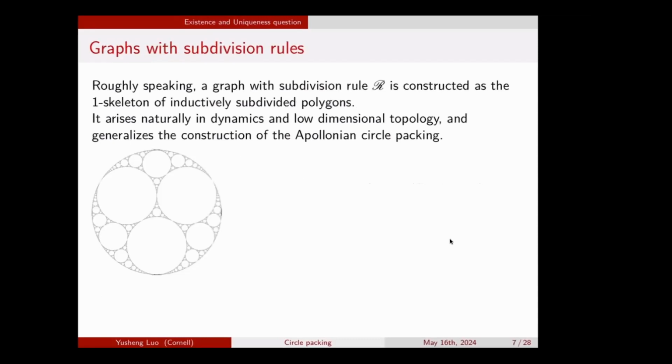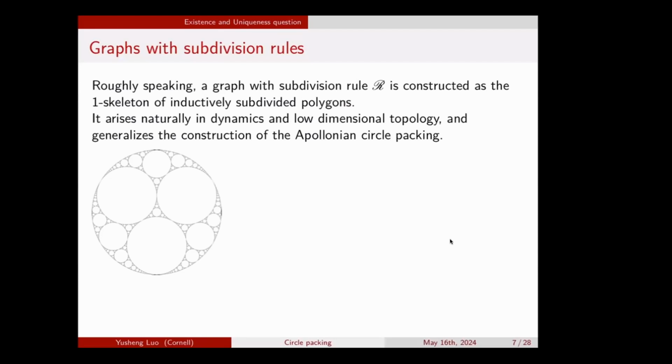So what I'm going to talk about today is in a slightly different setting. I'm interested in those graphs with a particular subdivision rule. So let me first give you some examples before telling you the proper definition here. These graphs with subdivision rules appear naturally in the study of conformal dynamical systems.